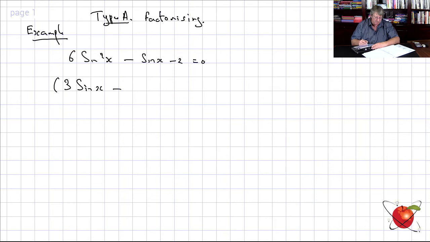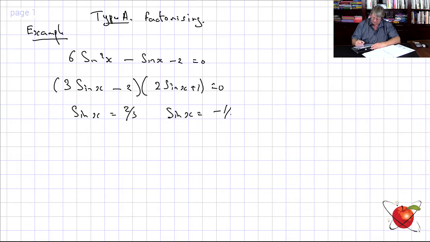3 sine x minus 2, and over here, 2 sine x plus 1 equals 0. And we then come to sine x equals 2/3 and sine x equals minus a half.